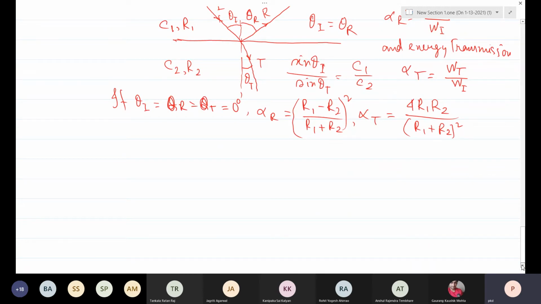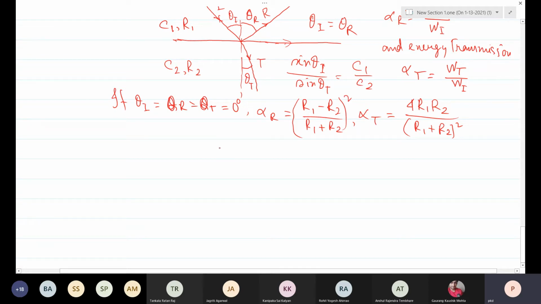The general expression, of course, can be derived by taking the components along this boundary. Along this boundary, the continuity of those components needs to be maintained.